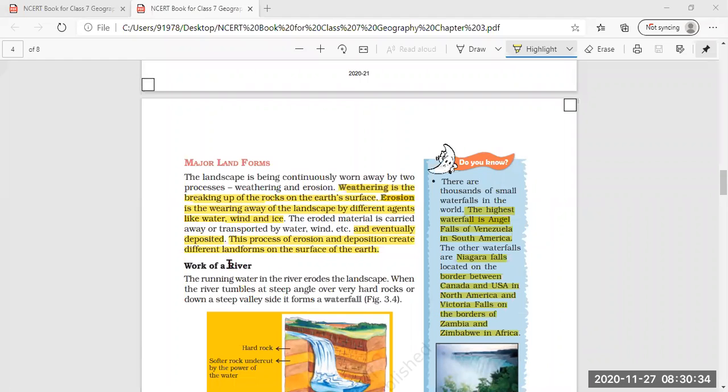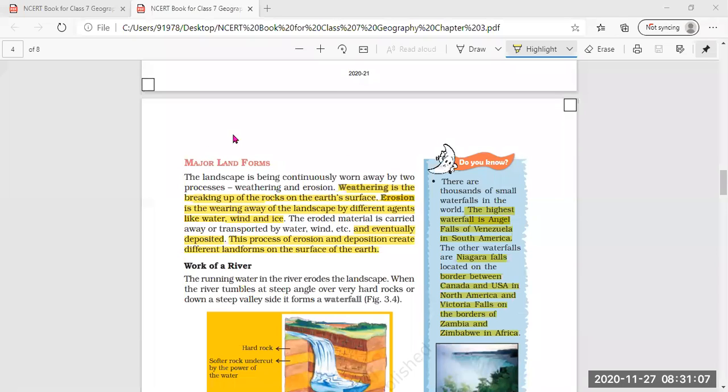And definitely, when the upper part of a particular area is carried away by flowing water or the speed of the wind, and is deposited at another place, then definitely something else will be there, and somewhere else a pile of that eroded material will be collected. Why is it deposited at that place?